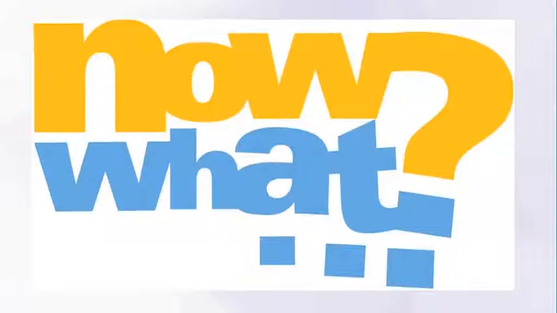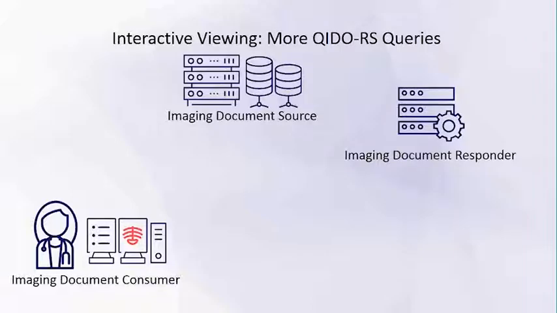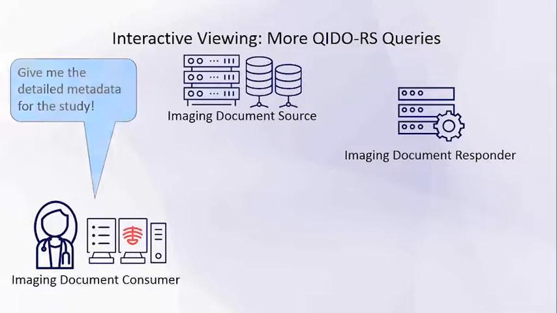That seems very basic, like query and retrieve. So what can we do beyond that? Now we're getting into the interactive viewing part. As we support QIDO-RS, which is a query just like DICOM C-FIND, you can get much more metadata out of the query. For example, during interactive viewing, a consumer quite commonly needs more metadata about the study in order to identify which images to show in which viewport in the display.